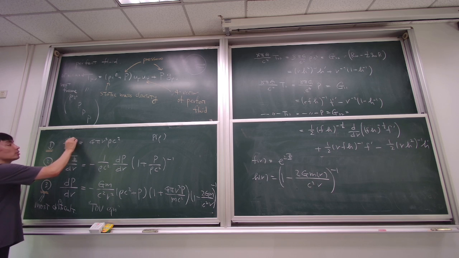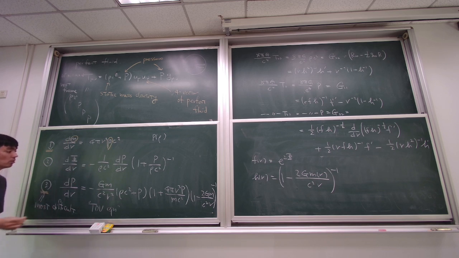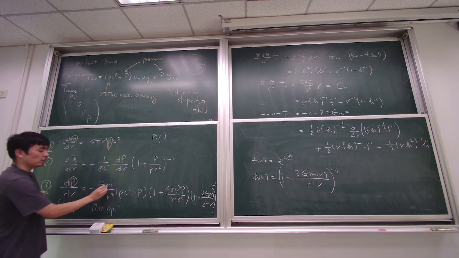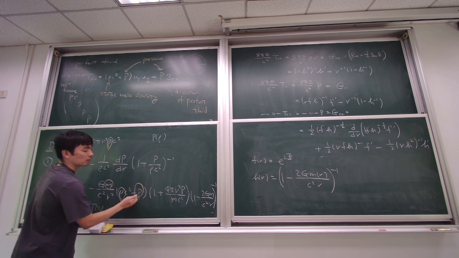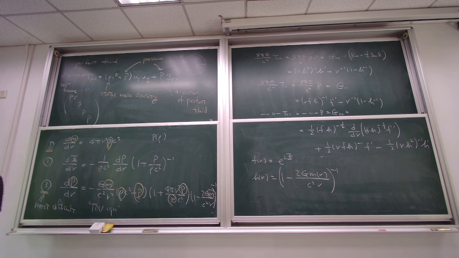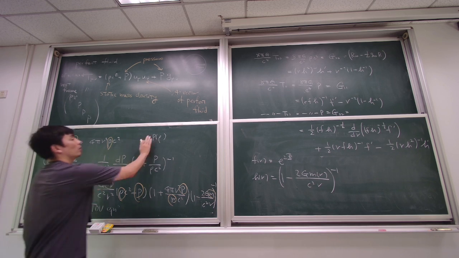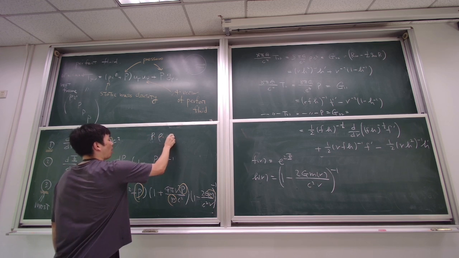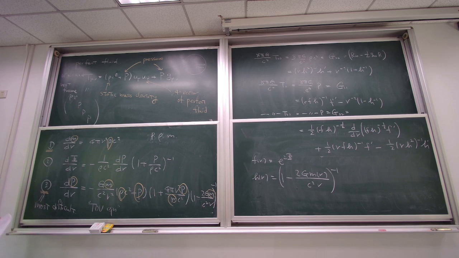M and rho are unknown, and also P. So rho, P, and M are the unknown variables. However, you have only 2 equations, so 3 unknowns for 2 equations. You cannot solve it.